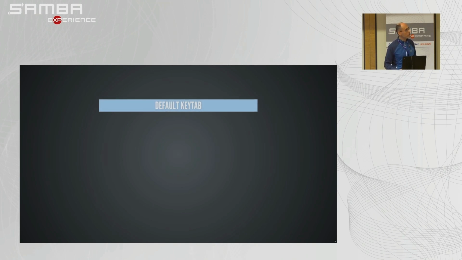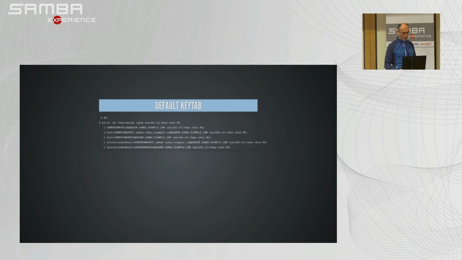Now I would like to mention the principals which are used by default in the keytab. With Samba 4.20, that's the Samba without this change, we typically have these SPNs in the keytab. You can see on the first line there is the machine account with $ at the end. Then we have two host principals and two restricted kerberos host principals, one with the NetBIOS name, the other with the DNS host name.